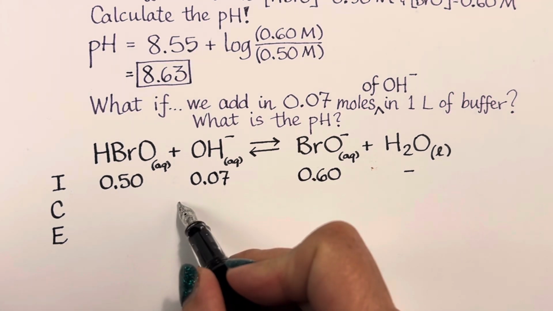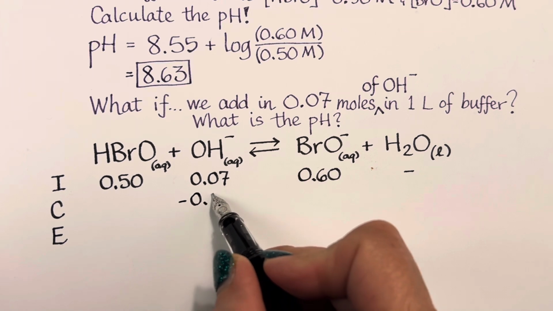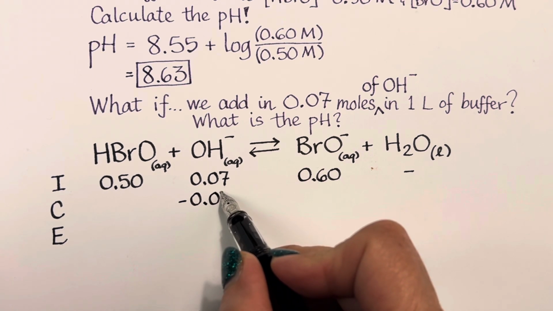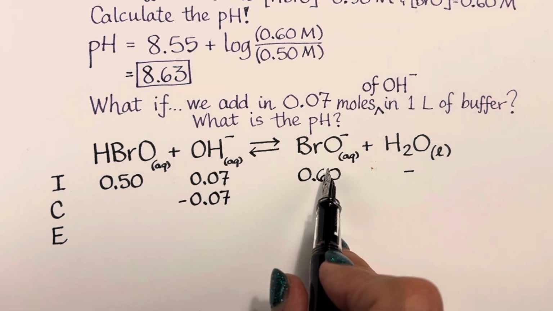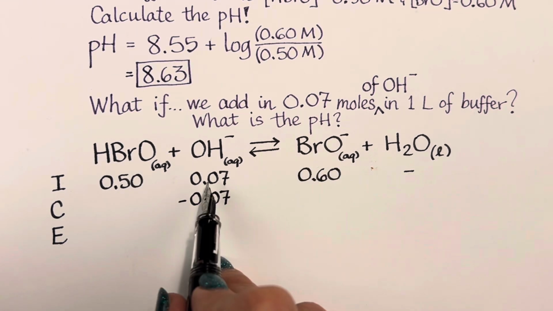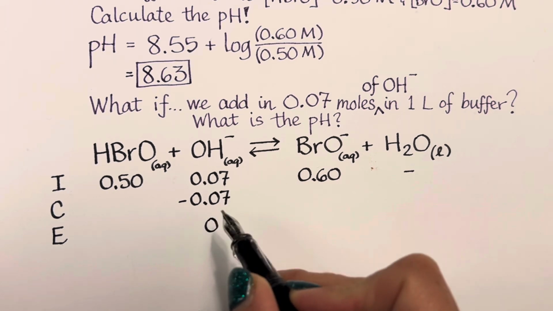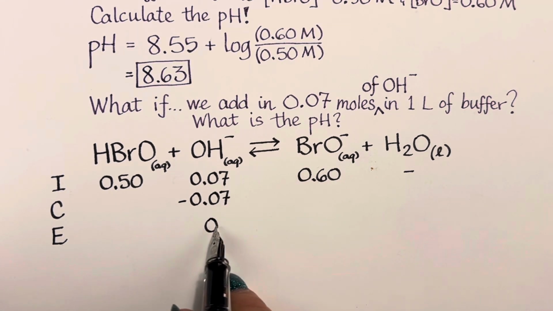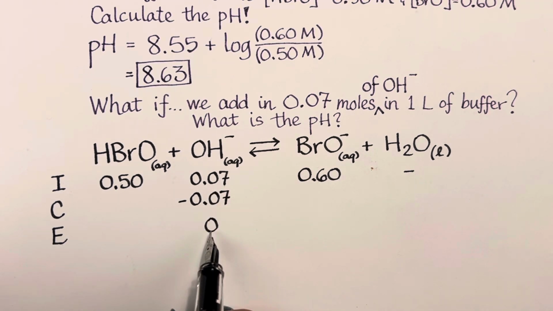So you start here and you acknowledge this has all been gobbled up. It is reacted away, it is reacted with the acid to create the conjugate base in water. Okay, this will always be your assumption here, such that the hydroxide in the equilibrium row equals 0. So these will get subtracted out.